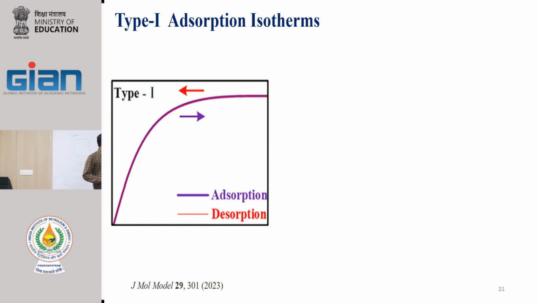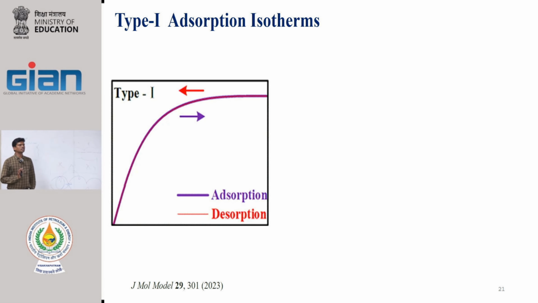It's concave to the pressure axis, which you can see. This kind of process happens typically in micropores, that means less than 2 nanometers. Adsorption proceeds at best up to the formation of the monolayer. So it's a monolayer adsorption: when the surface is there, only one layer forms.